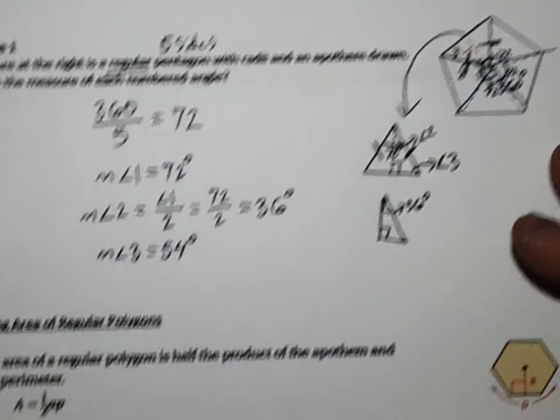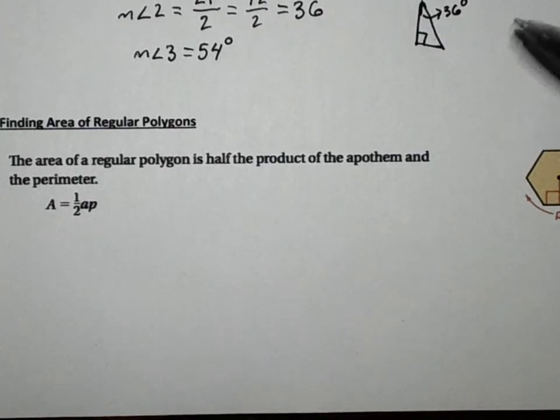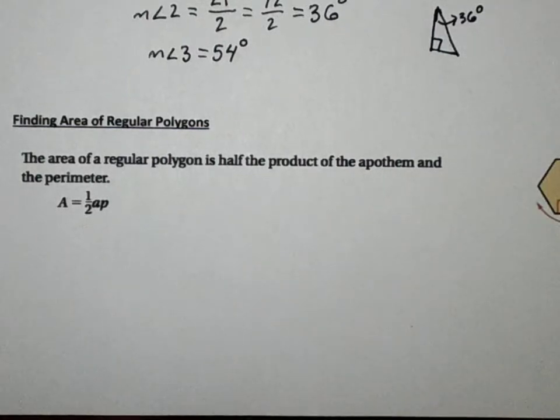All right. We're going to use that later, but now we're going to get to the meat of what we're talking about, and that is finding the area of regular polygons.